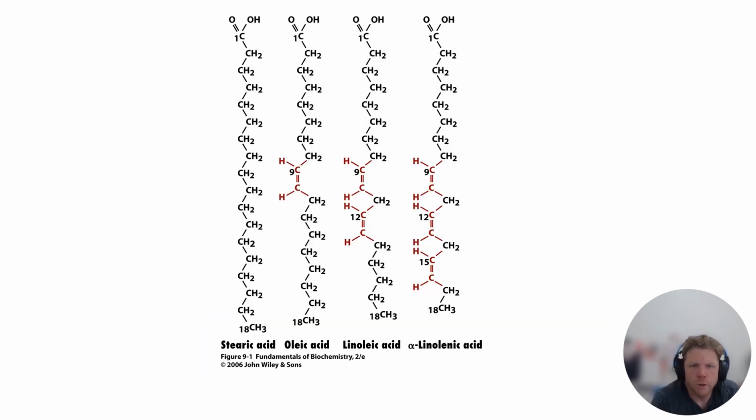Okay, so we've talked about varying lengths of fatty acids. We've talked about the difference between a saturated fatty acid and an unsaturated fatty acid. Here are those 4 fatty acids that we've previously talked about: stearic, oleic, linoleic, and alpha-linolenic acid. Again, I'm not expecting you to know these names.